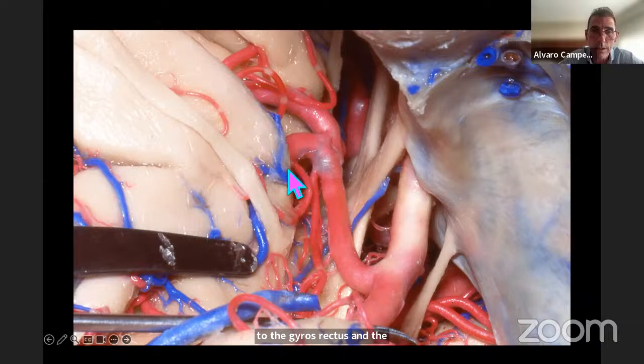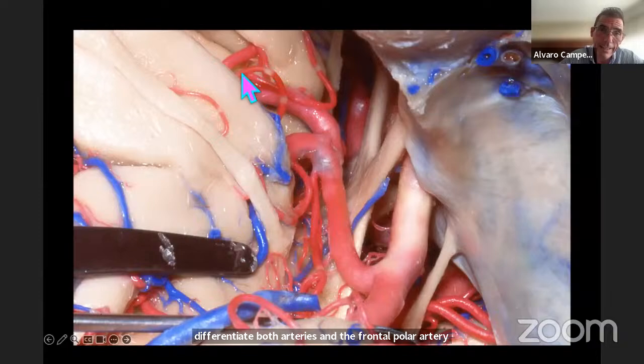So it is important to differentiate both arteries. And the frontopolar artery travels in the interhemispheric fissure.